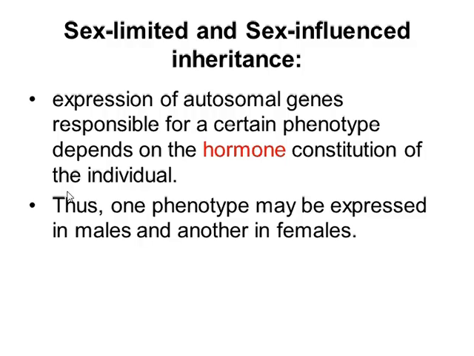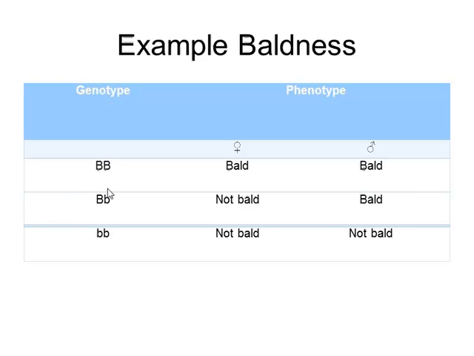So if you look at this chart here shortly, we see that in a female, she has to have 2 copies of the allele in order to become bald. With a male, they only need 1 copy of the allele to show baldness.